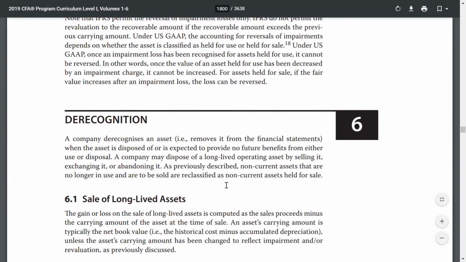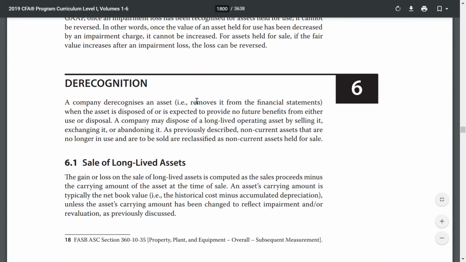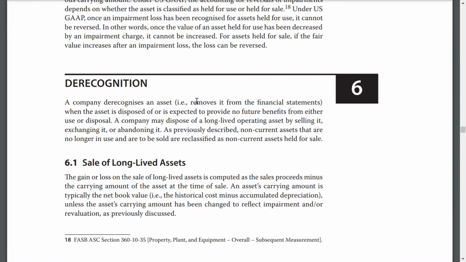Derecognition. A company derecognizes an asset when the asset is disposed of, or when it is expected to provide no future benefit from either use or disposal. A company may dispose of a long-lived operating asset by selling it, exchanging it, or abandoning it. As previously described, non-current assets that are no longer in use and are to be sold are reclassified as non-current assets held for sale.